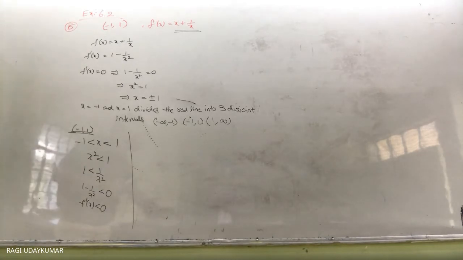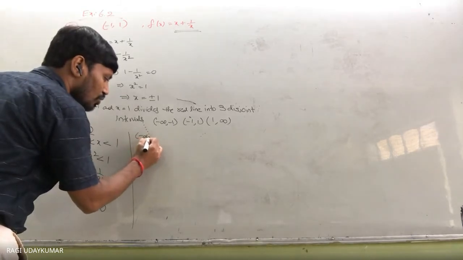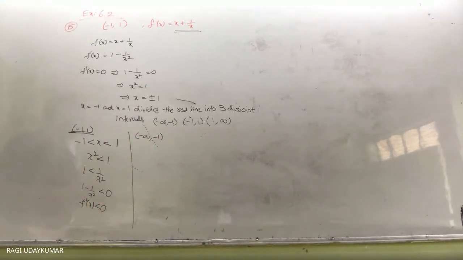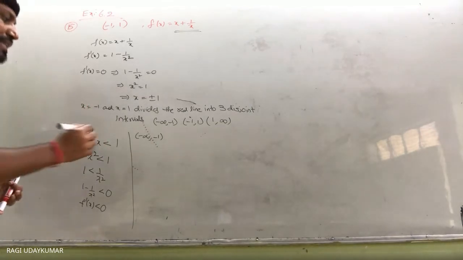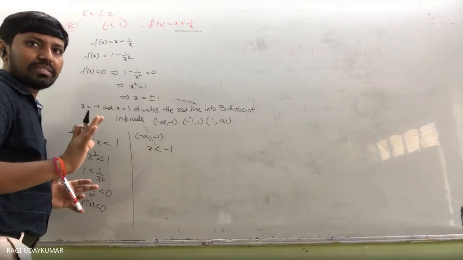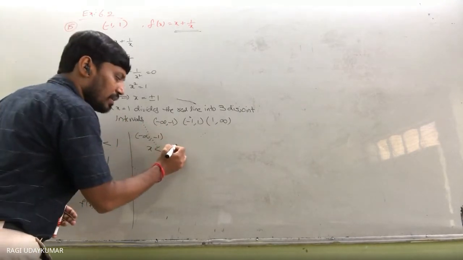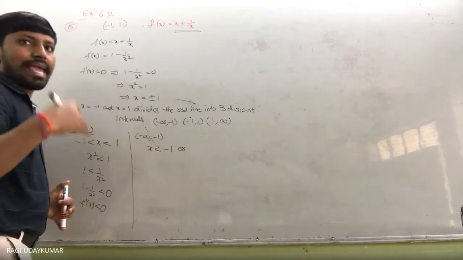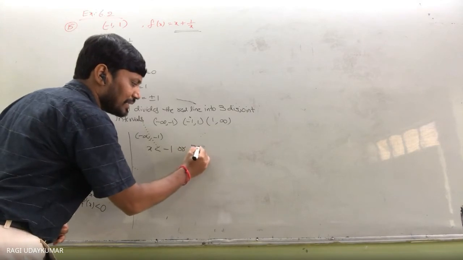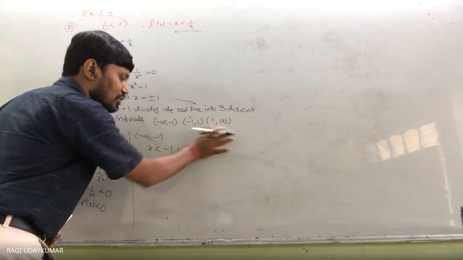Now we have to check the interval minus infinity to minus 1 as well as 1 to infinity. So minus infinity to minus 1 means x value should be less than minus 1, all negative numbers. Or x value should be greater than 1.